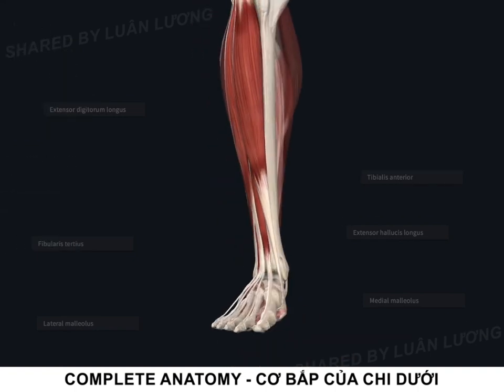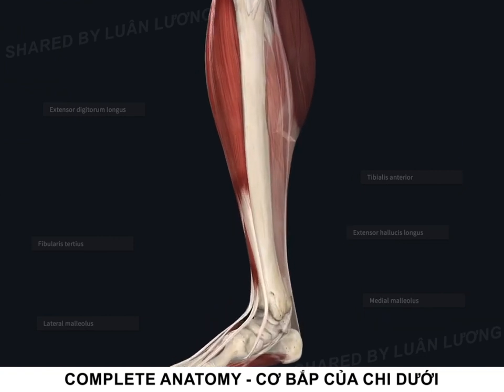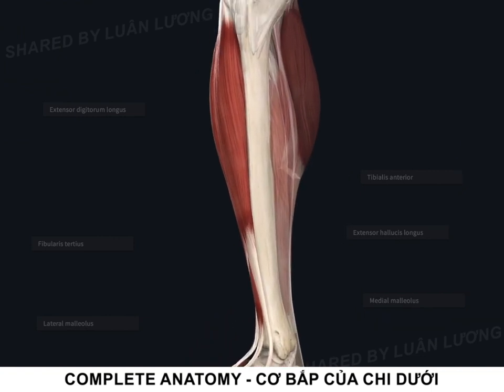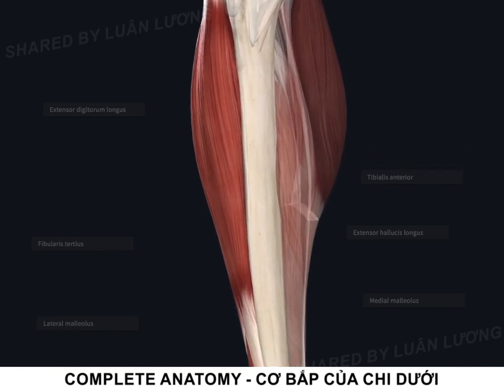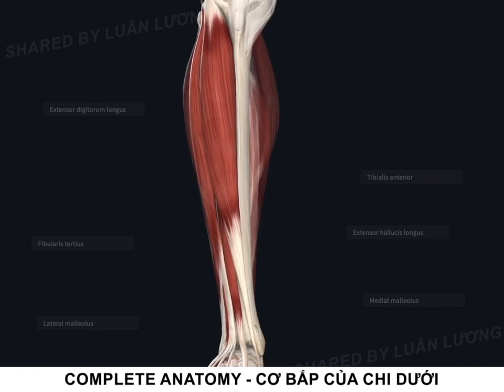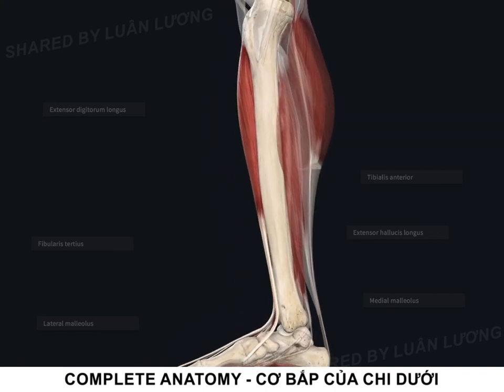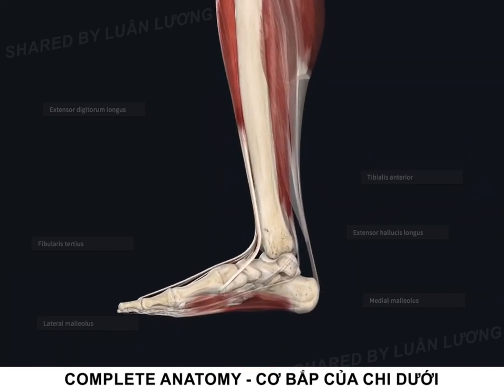To begin, let's look at a couple of key landmarks. I like to look first for the medially located tibia, and you can see that there's a sharp ridge known as the anterior tibial crest extending down the front of your shin. Now, these muscles are all located on the lateral side of that ridge. They're going to pass down into the top of my foot, but stay in their relationship to the tibia and be in front of it.